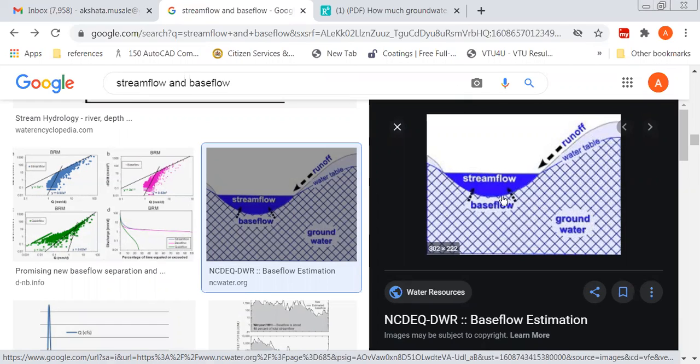Base flow is whatever flows within the land, that is, within the soil. This is the stream flow out of which we are going to deduct the base flow, which flows to the lower base.